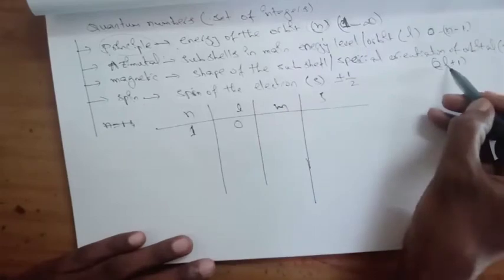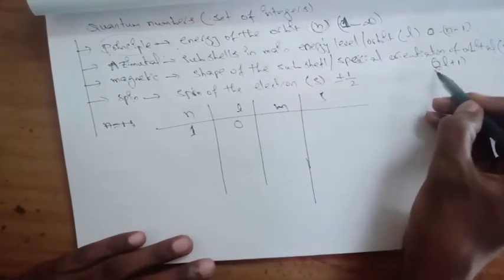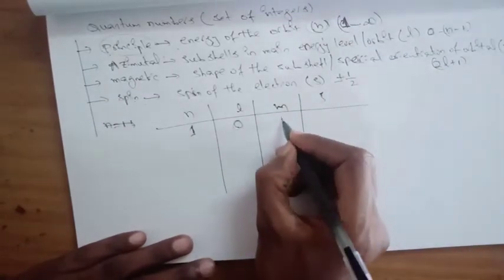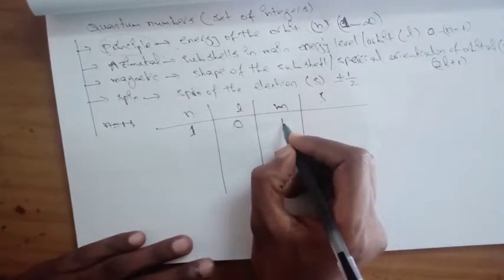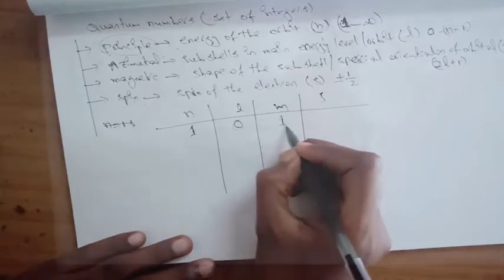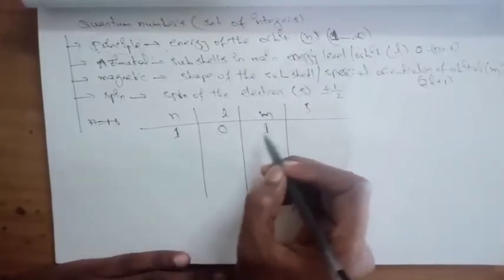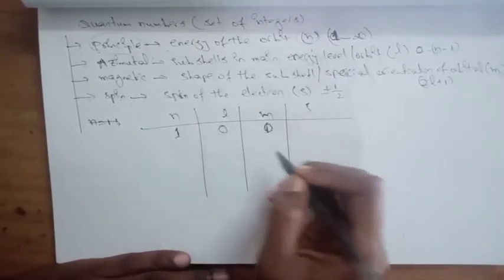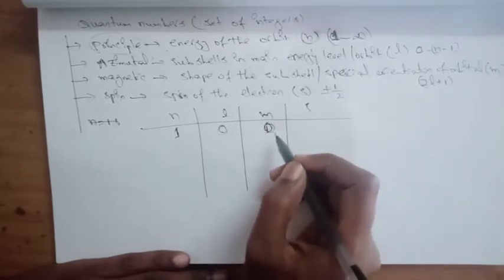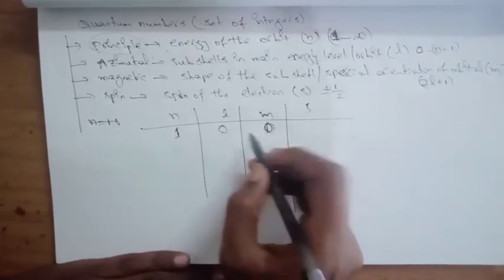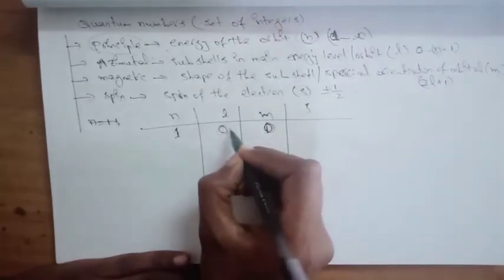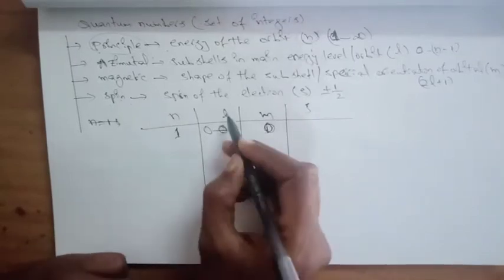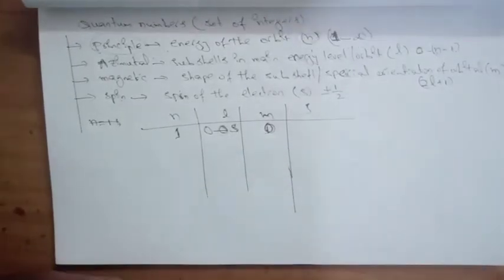The magnetic quantum number is 2l plus 1, and here the l value is 0, so the magnetic quantum number becomes 1, that is, m equals 0. When l equals 0, it indicates that the orbital is an s orbital.